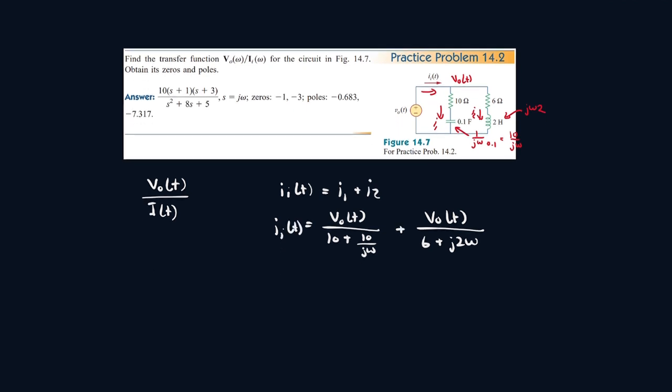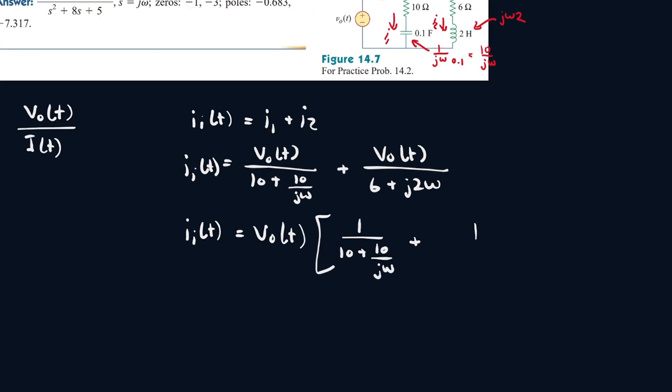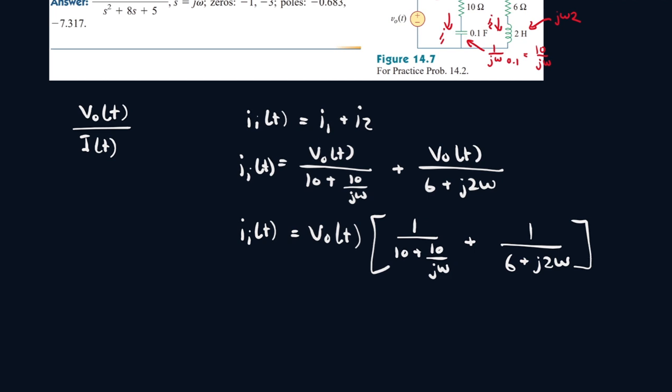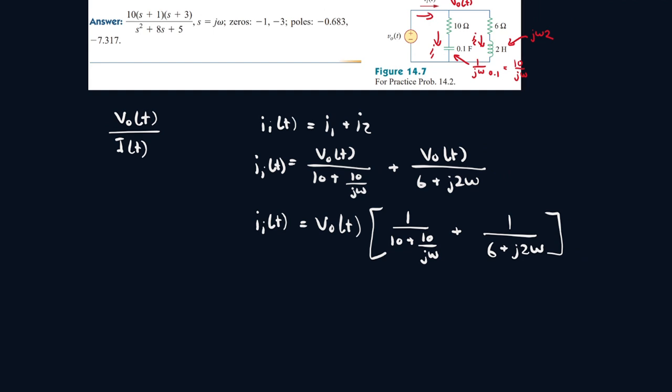So we need to factor out all our Vo of t's. Okay, so let's see what we can do. If we divide both sides by this value, then we're going to have 1 all over I of t.